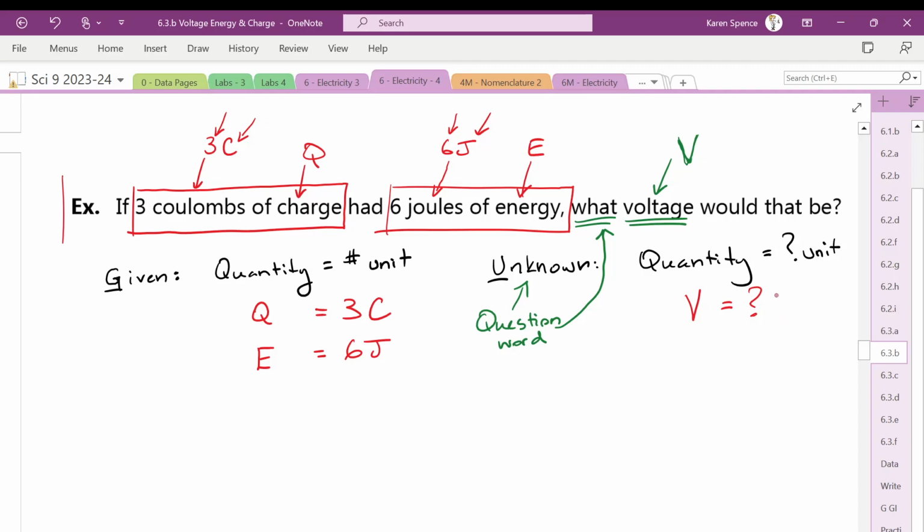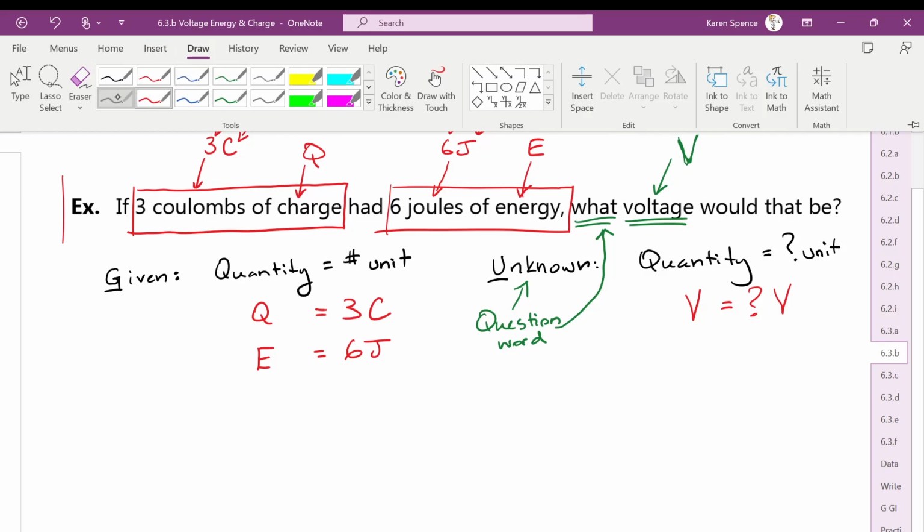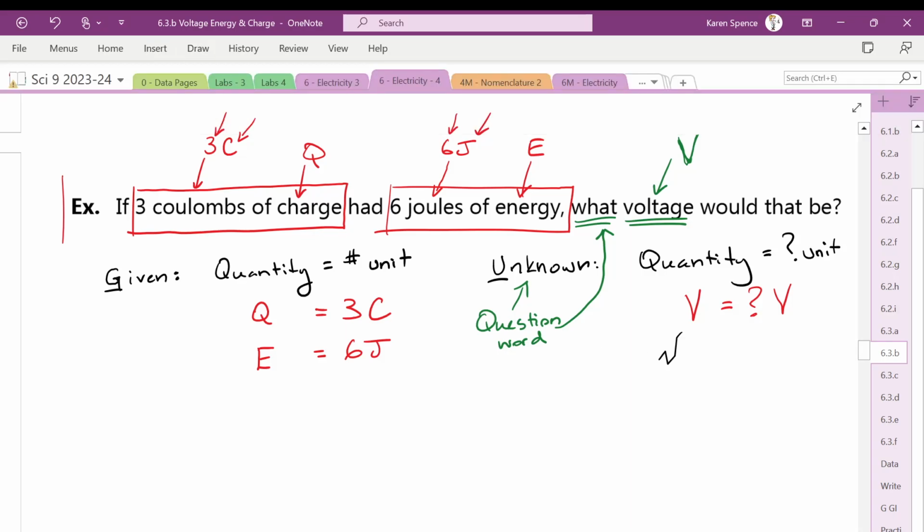It's literally volts. So what we've got here is voltage is equal to, I don't know how many volts. So the symbol for the quantity and the symbol for the unit are the same. And if you forget that, where can you find it? On your purple sheet. Okay. So that's our given, that's our unknown.